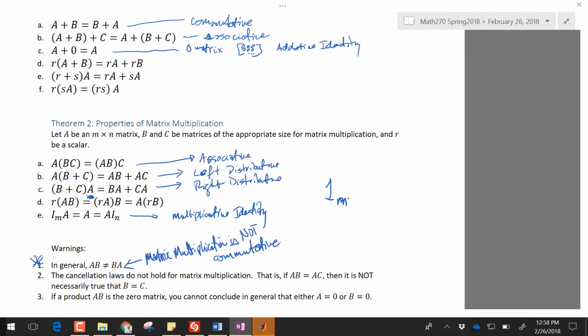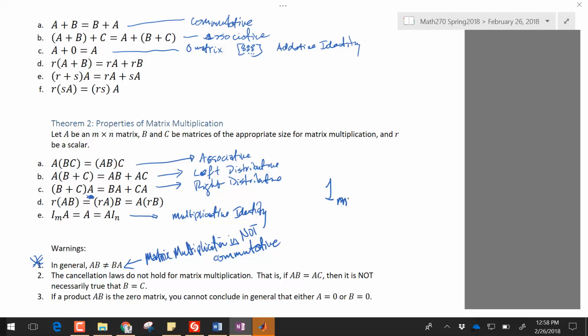Now, because of certain rules for multiplication, we have to be careful about things that might seem normal to us in real number talk, like commutativity and stuff like that. So we need to make sure that's highlighted and we understand that some of these rules don't work naturally for multiplication.